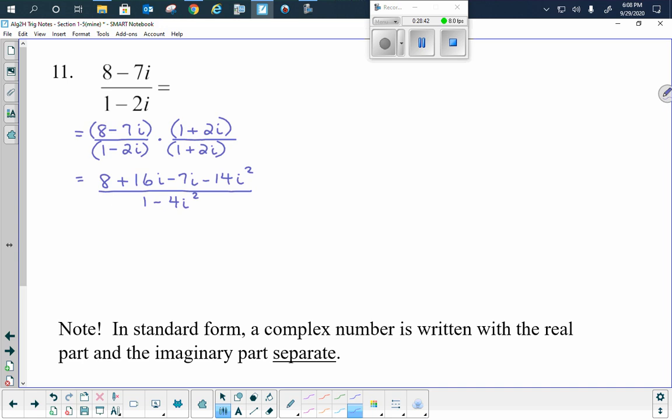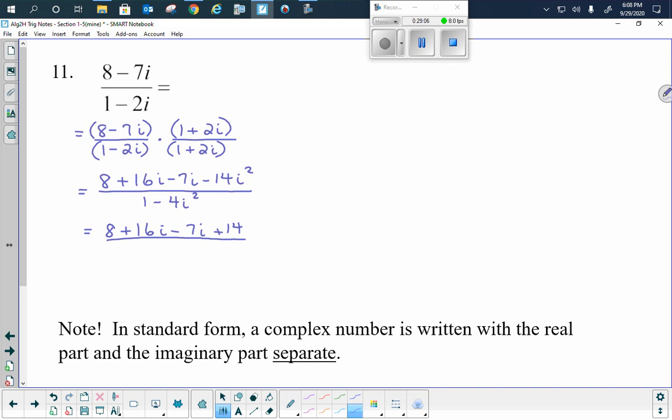And then looks like I would be sitting at combining like terms. Maybe I'll wait on that for a moment till I tackle my i squared. So i squared being negative 1 times the negative 14 will be plus 14.